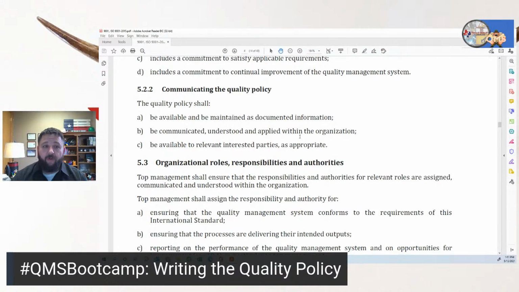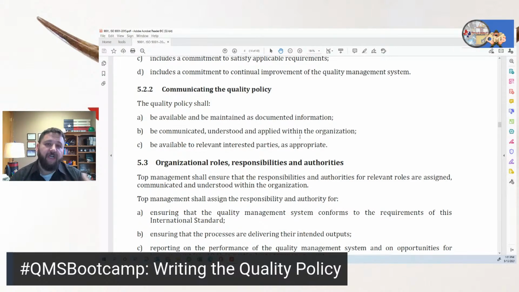So if you take that quality policy and you just tack it up there on the wall, well, everyone has it. We told them to look at it. I'm going to call BS on that in an audit. Folks do not need to recite it word for word verbatim.